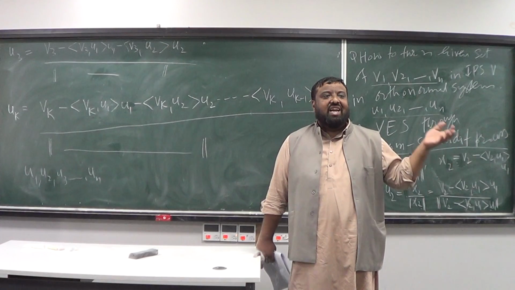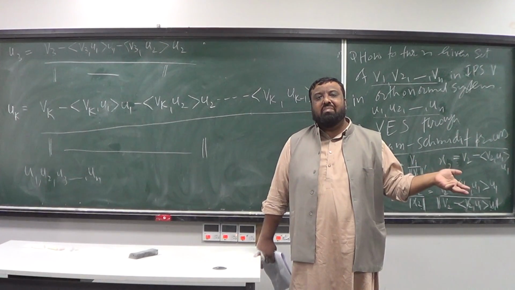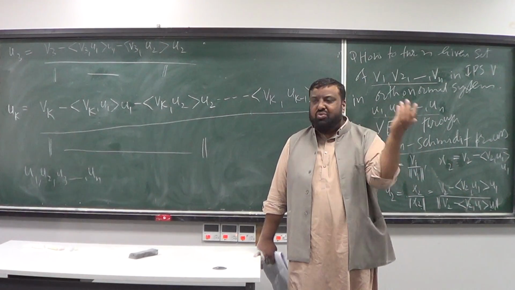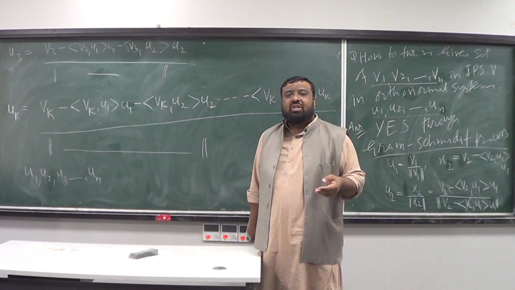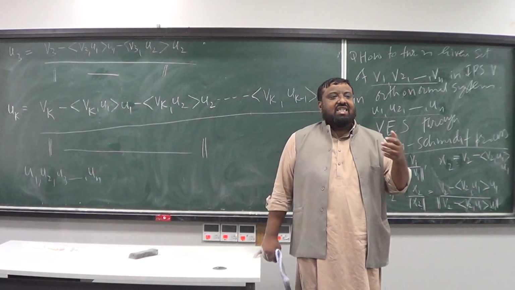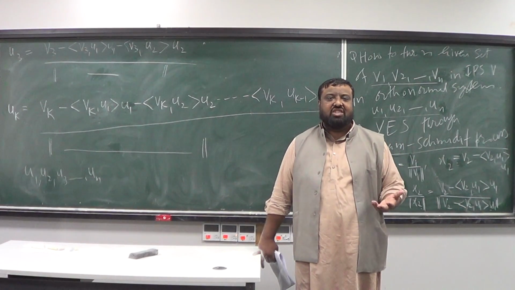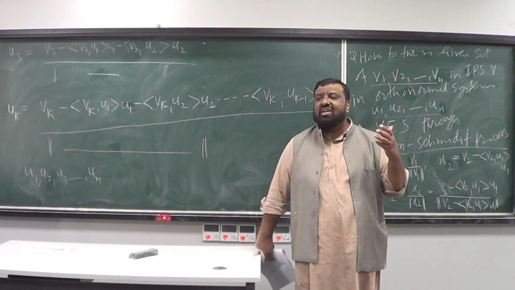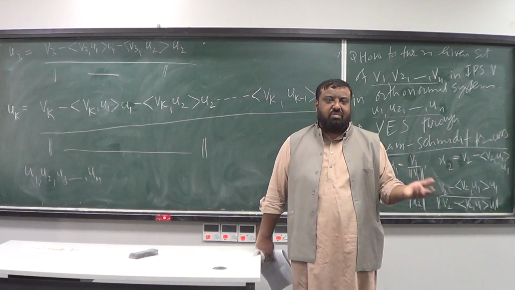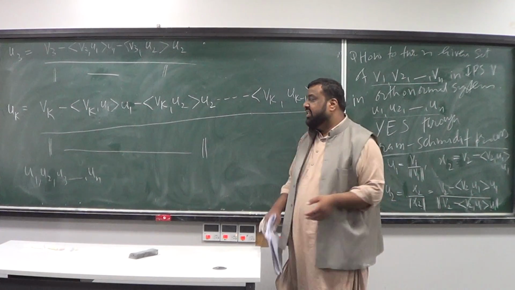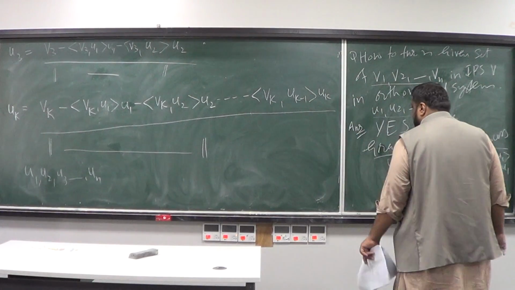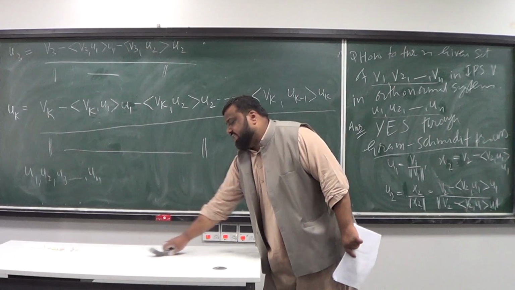And as I said, once you have an orthonormal basis, for example when we discuss Fourier series, you will see that it makes your calculations very easy. Okay, so this is what is going to be the case.